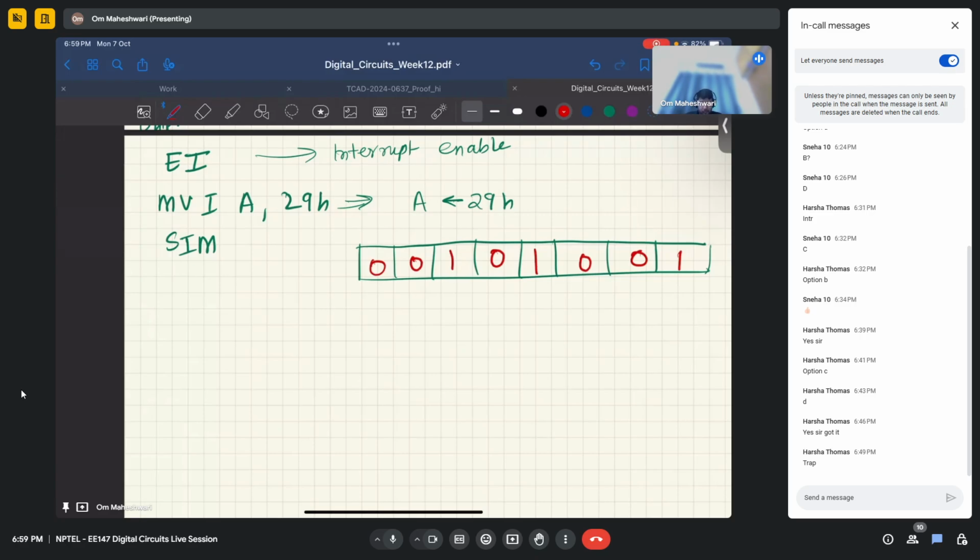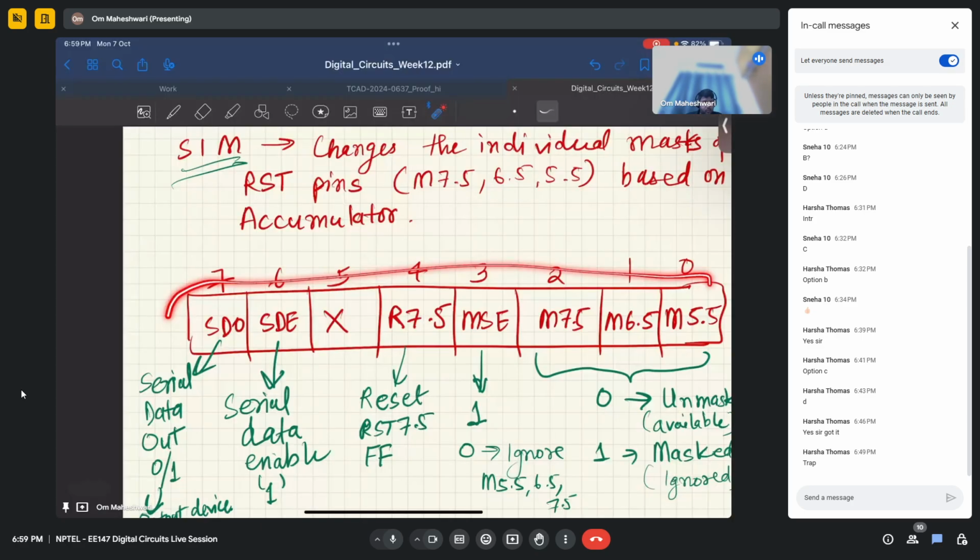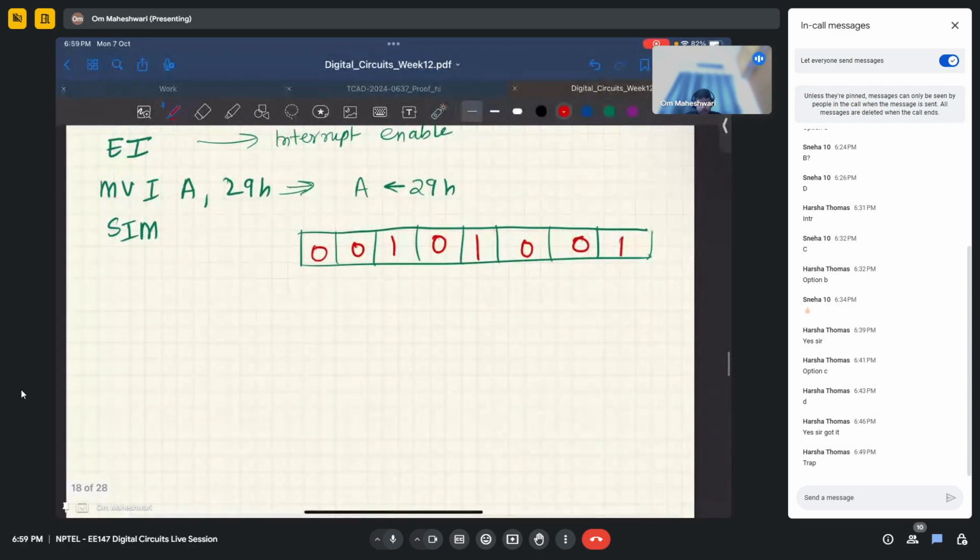Now, if I go refer to this again, what each of these accumulator pins mean. So this is mask of 5.5, right, with another color, mask 6.5, mask 7.5, mask enable, reset 7.5 flip-flop.